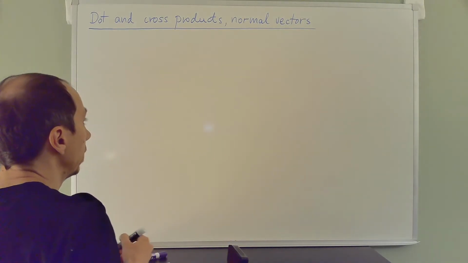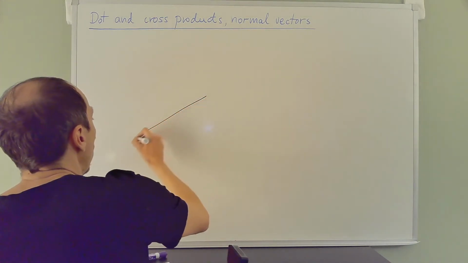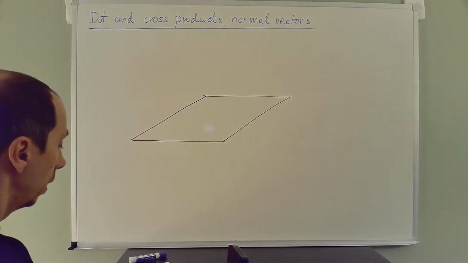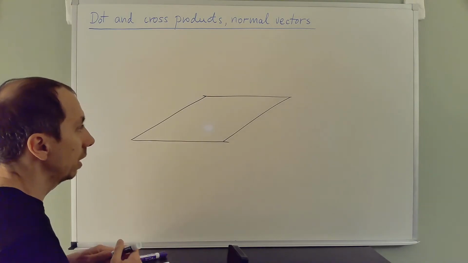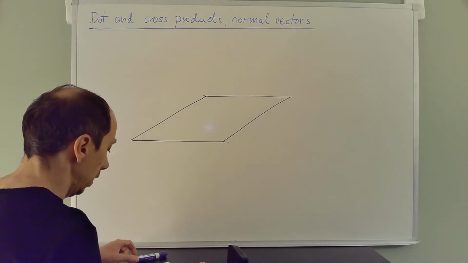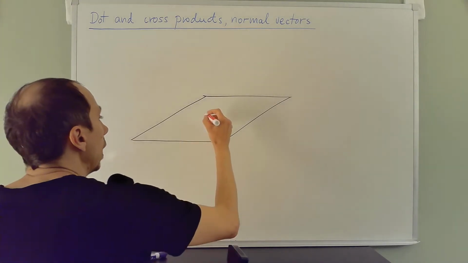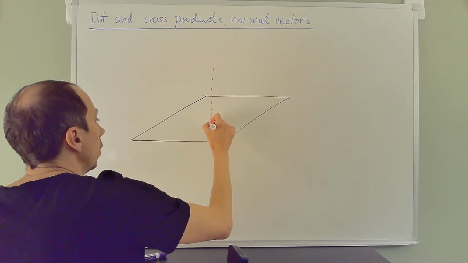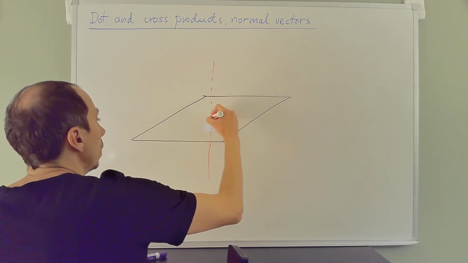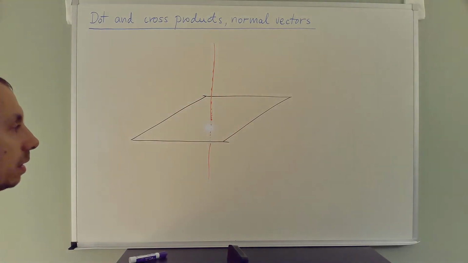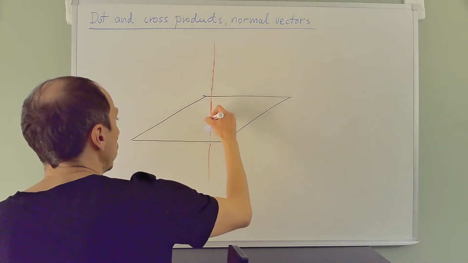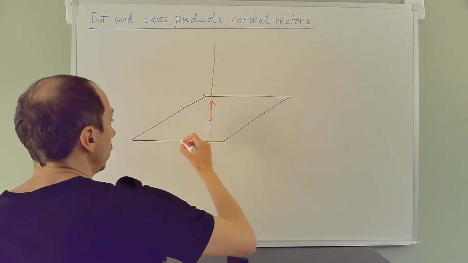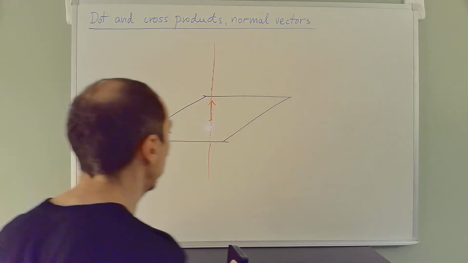So suppose I have a plane, then I can think of a line, let's say I have a point here, a line that goes through this plane at some point. So a normal vector is a vector that's perpendicular to the plane. So it's perpendicular to any line that lies on the plane, and it has unit length.